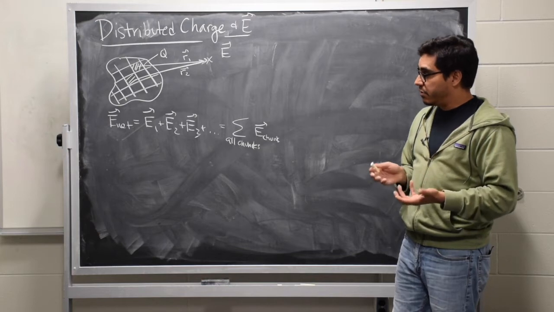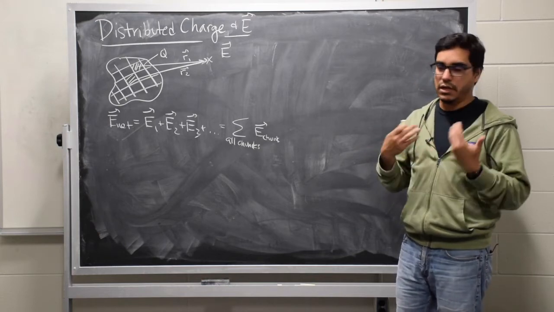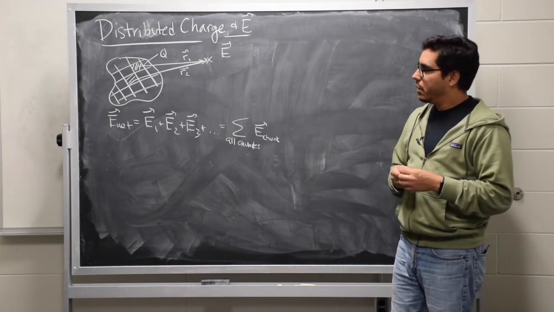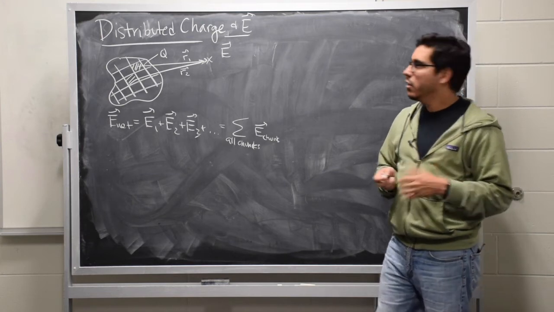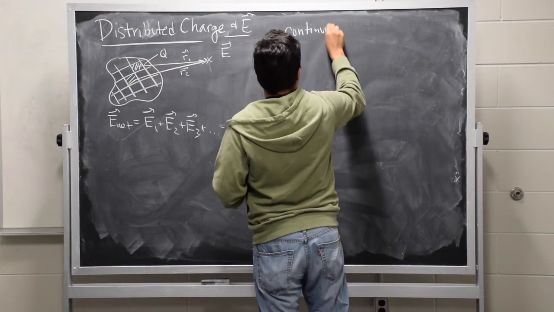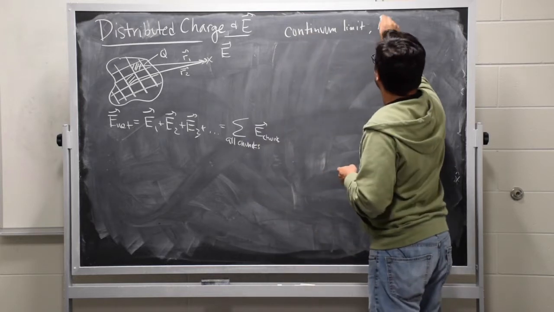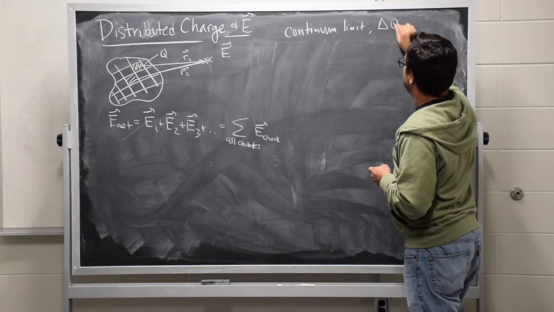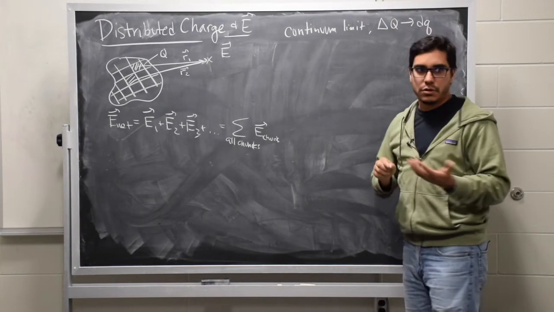Now, the challenge here is how big of a chunk do you choose? How small does it need to be to get an accurate description? The idea is that you want it really, really small, as small as possible. So we're going to have to take this to what we would call the continuum limit, where we cut things up into small chunks, delta Qs, so small chunks of charge, and instead think of those as continuously varying charges.